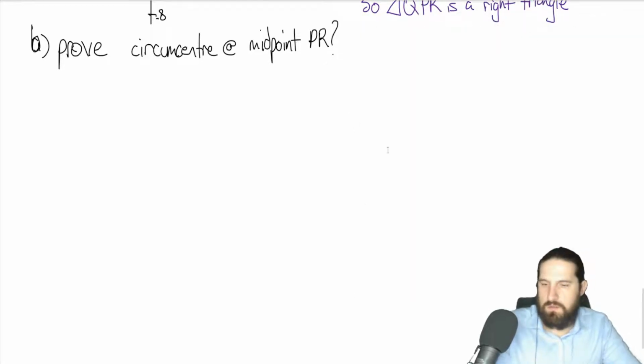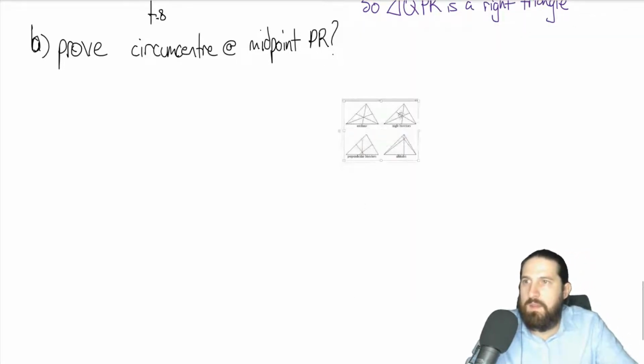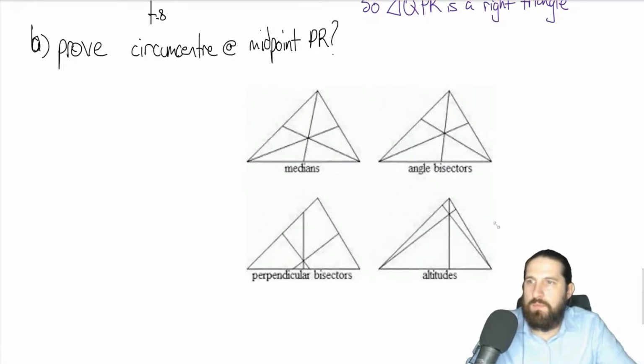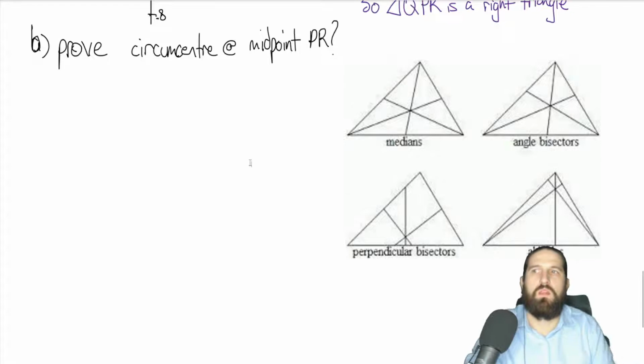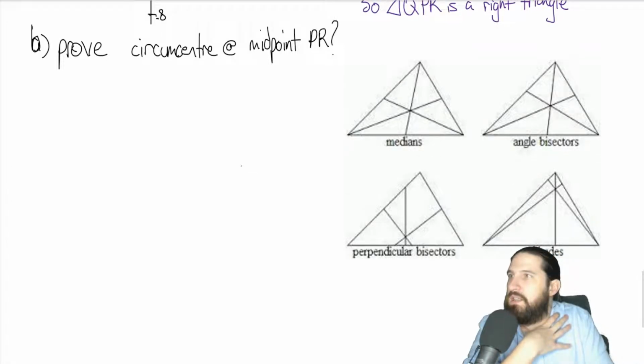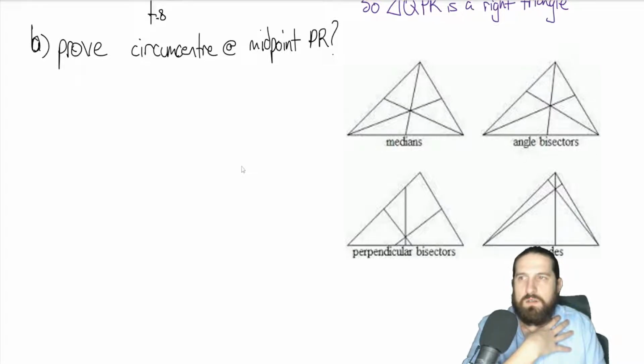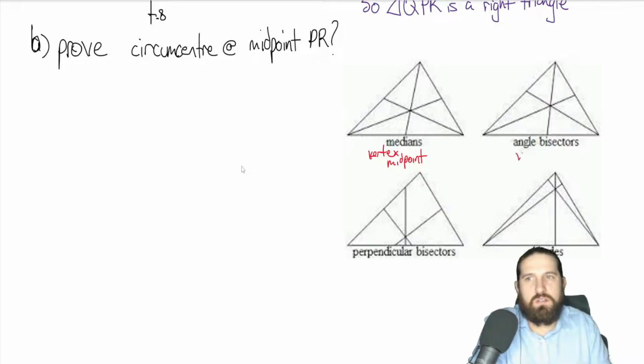Okay, so let's actually use this. We're getting there. So the medians connect the vertex and the midpoint. Right? The angle bisectors connect the vertex and the, wait a second. Angle bisectors?